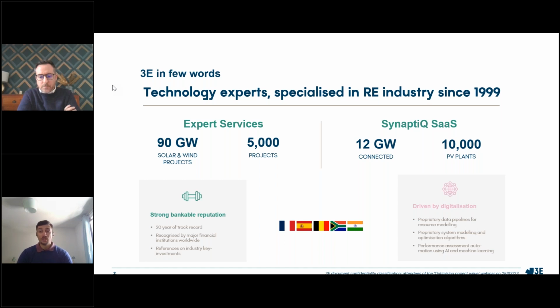And 10 years ago, based on that very strong domain expertise in solar and wind energy, we decided to develop our own SaaS, starting with the performance optimization of assets under operation with a very powerful digital twin. Today we are glad to say that we have 12 gigawatts connected to our platform, with more than 10,000 plants.